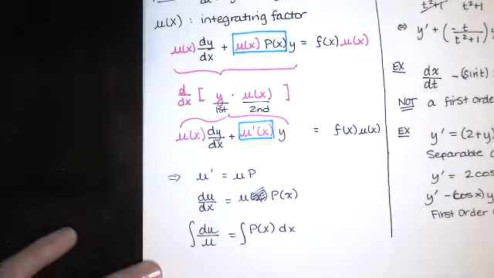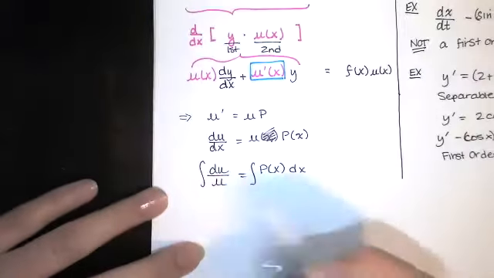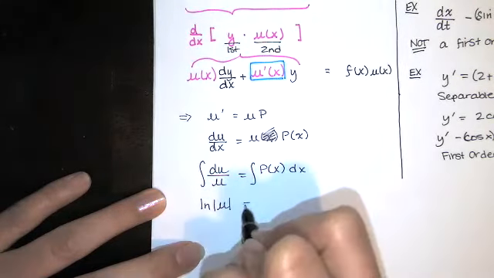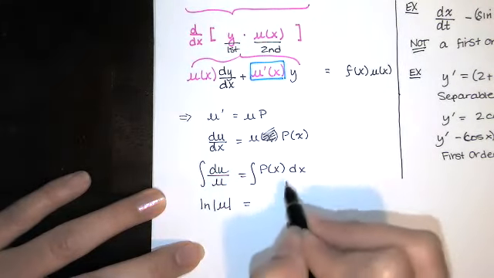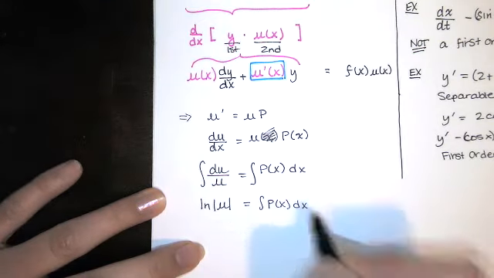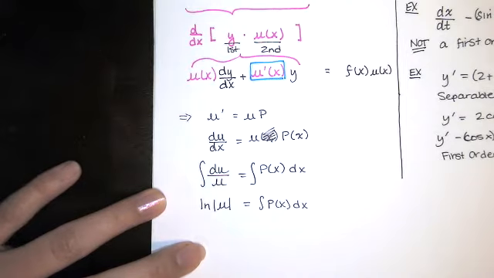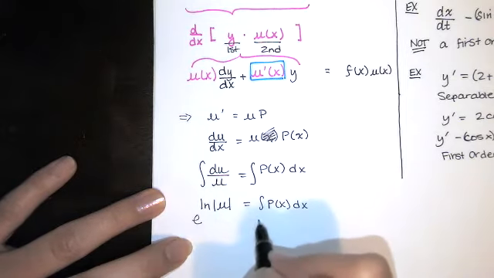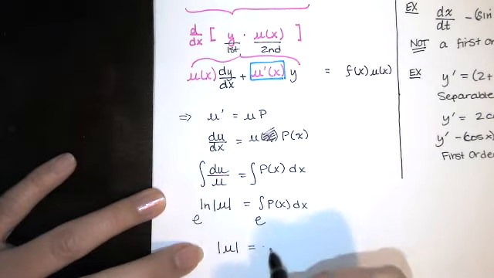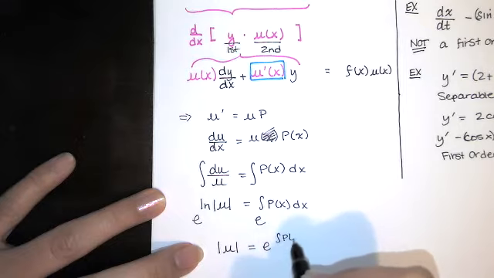The antiderivative of 1 over mu with respect to mu is natural log of the absolute value of mu. And on this side, it depends on what p of x is, so I just need to leave that as the integral of p of x. To get mu by itself, I will exponentiate. So I have the absolute value of mu is e to this power.